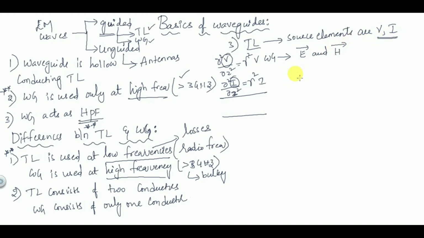Since we are dealing with voltages and currents, a transmission line satisfies Kirchhoff's laws. A waveguide deals with the electric field and magnetic field, so it satisfies Maxwell's equations.